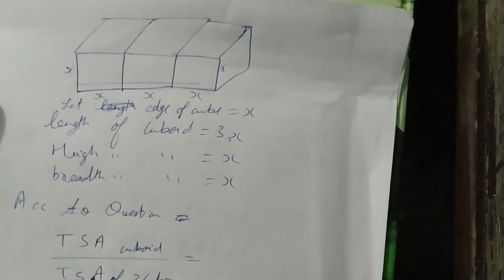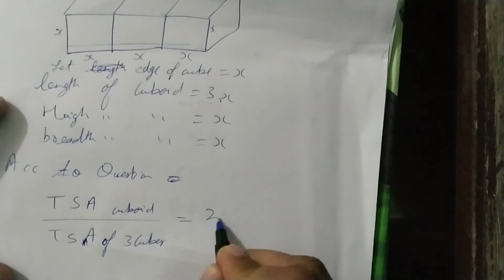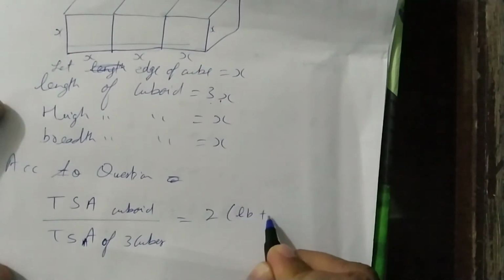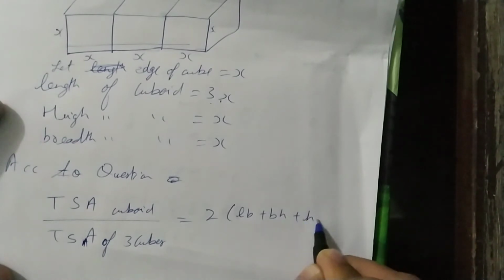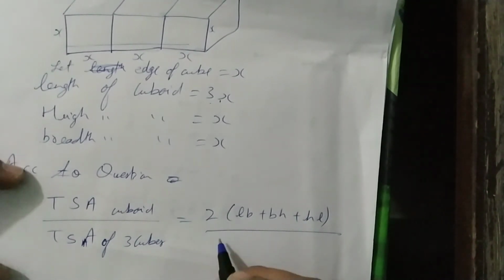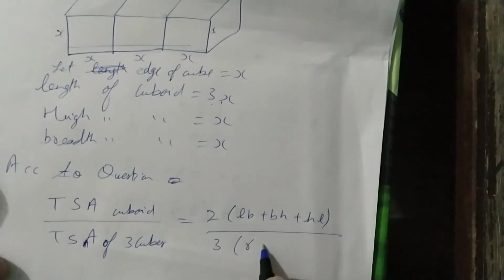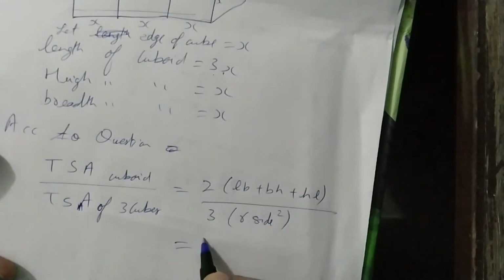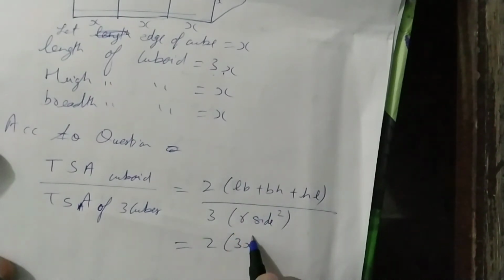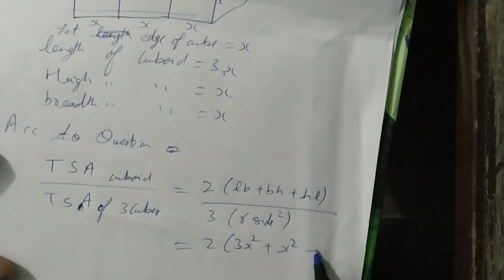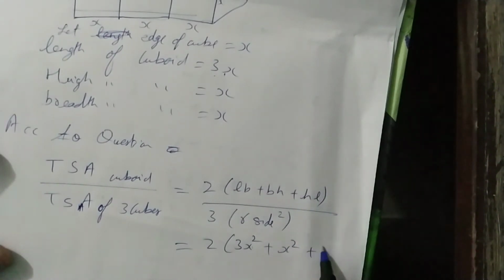Now what is the total surface area of cuboid? 2 into LB plus BH plus HL, and 3 into the surface area of a cube, which is 6 times side square, that is 6x square. Now just put the values. Length is 3x, breadth is x, so x into x, x square, breadth into height, x square, again length into height, that is 3x square.